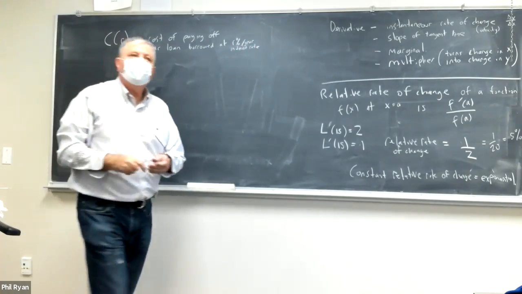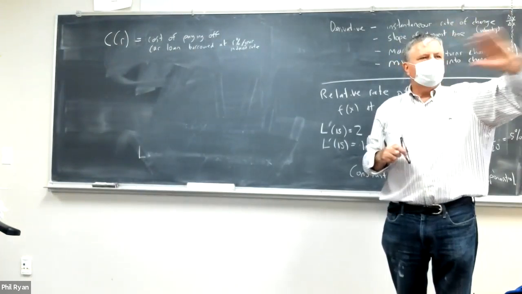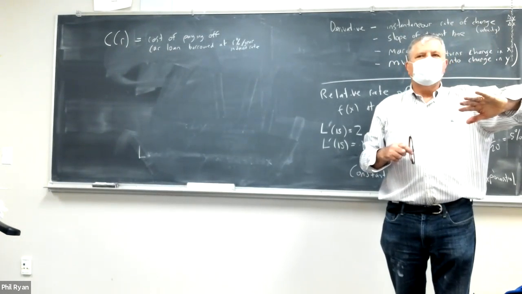So C of R represents the total amount of money that you gave to the bank for your car loan when the interest rate is R.